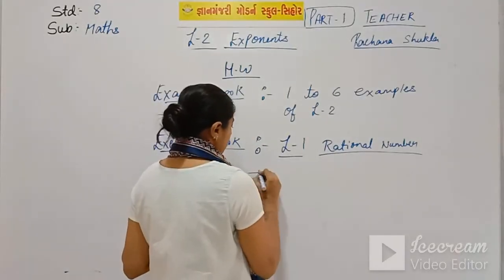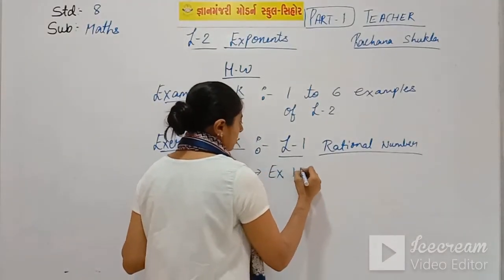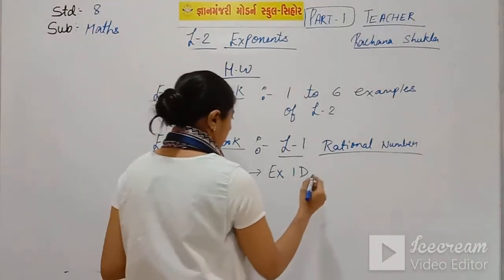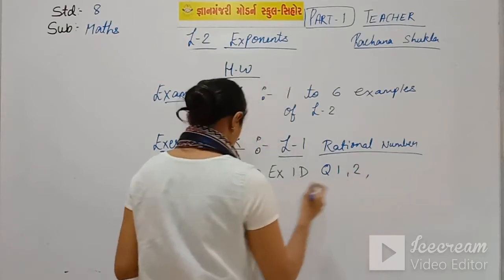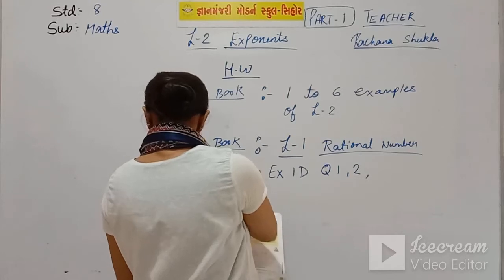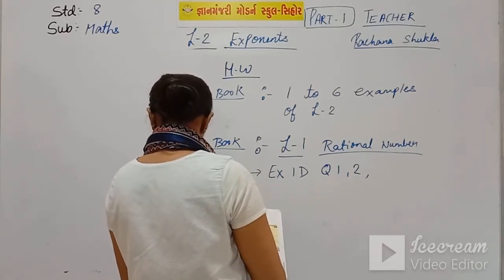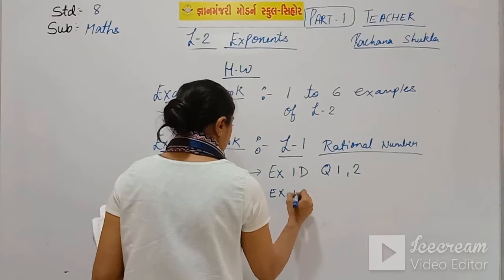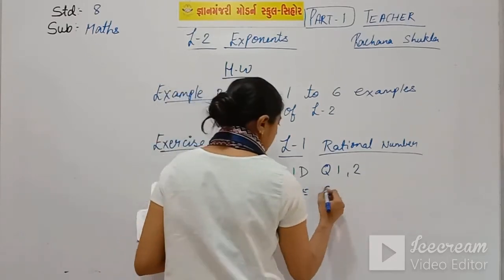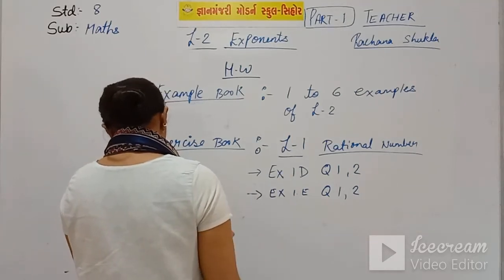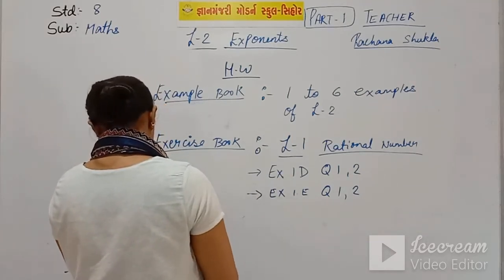So in lesson 1, you have to do exercise 1D, question number 1, 2. Then exercise 1E, question number 1 and 2. All the sums of question number 1 and 2.